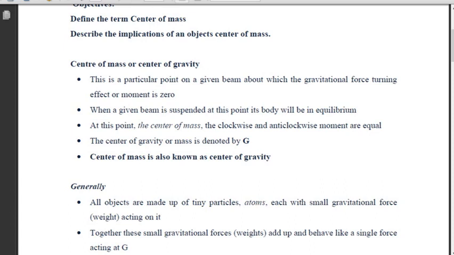By holding the object at that exact point, you would not even feel the weight of the object. If it was a chair or a desk and you find its exact center of mass, you would be able to lift it with a finger.